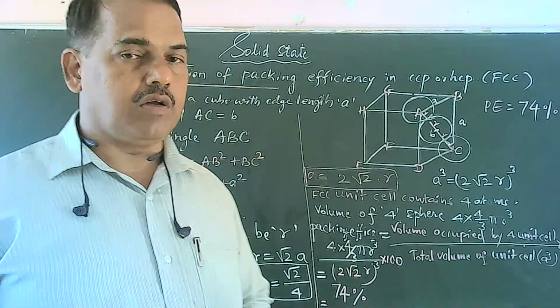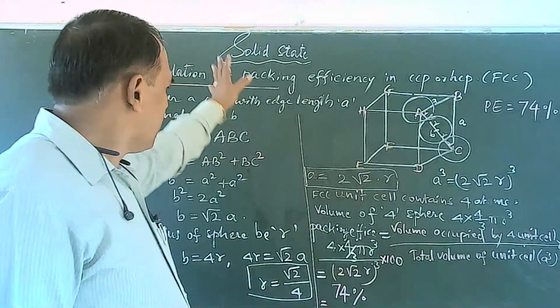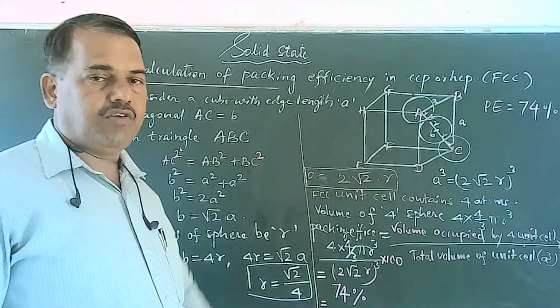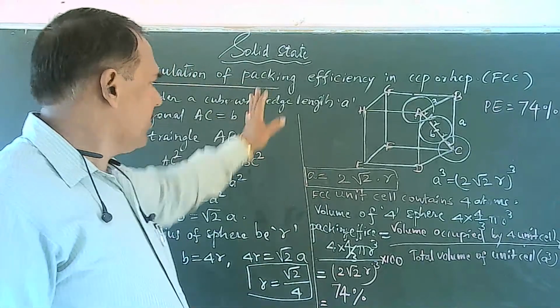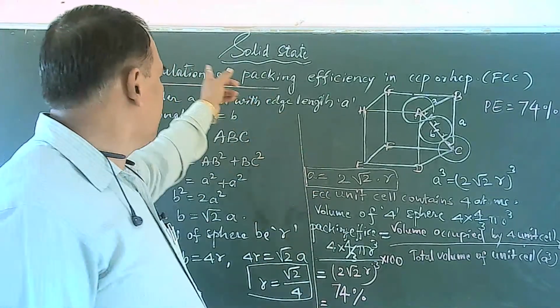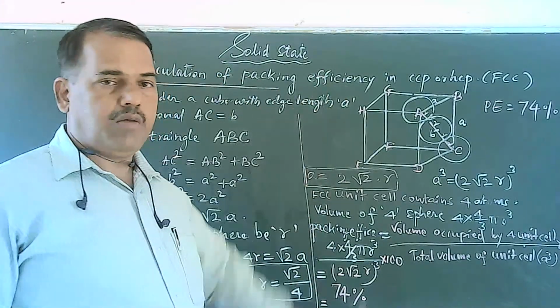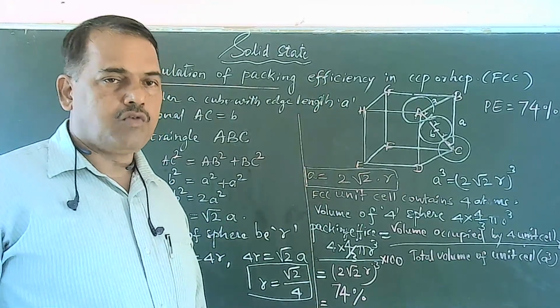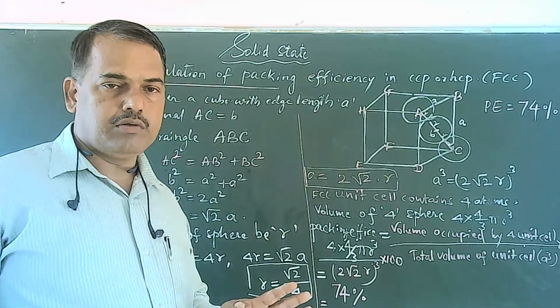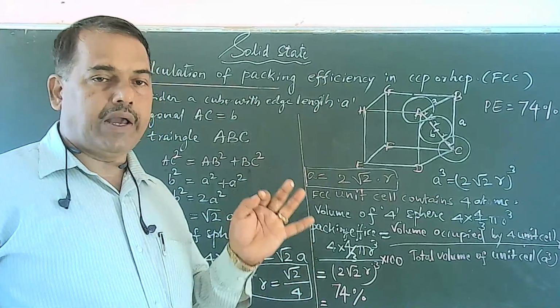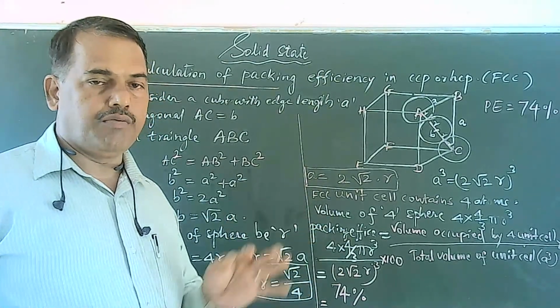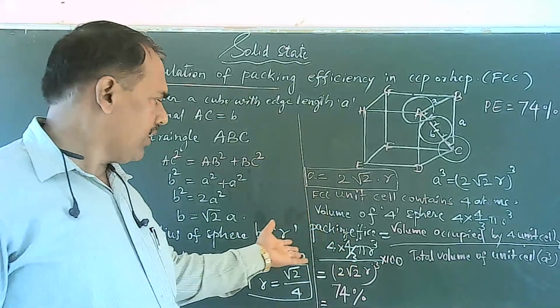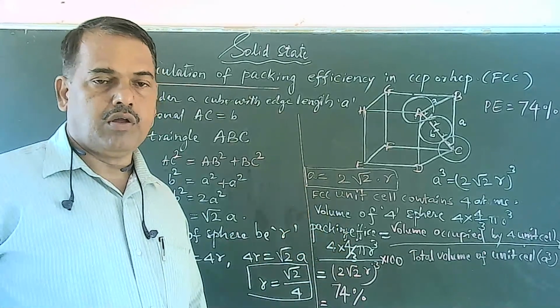Okay, that is nothing but the calculation of packing efficiency in CCP or HCP. Are you clear? So we derived the packing efficiency calculation of FCC and we got the value 74%.